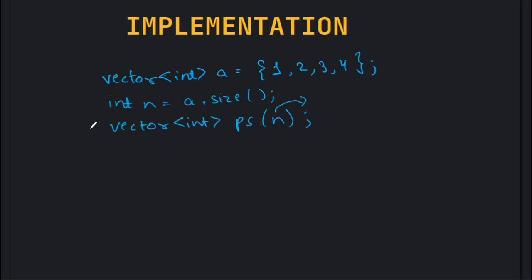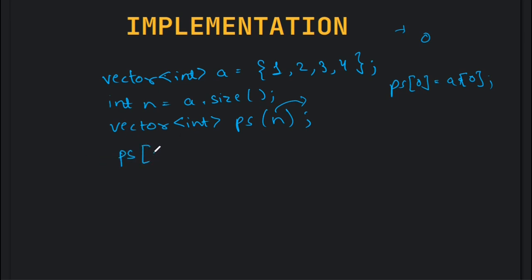So this is our partial sum and this is the array. Now we know that for the 0th position it will be equal to that element in the array, that is ps of 0 will always be equal to a of 0, right? Because the sum up till the 0th element is the 0th element itself, right?